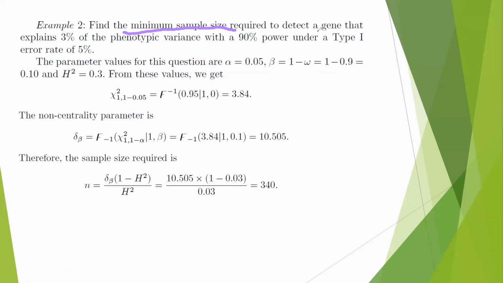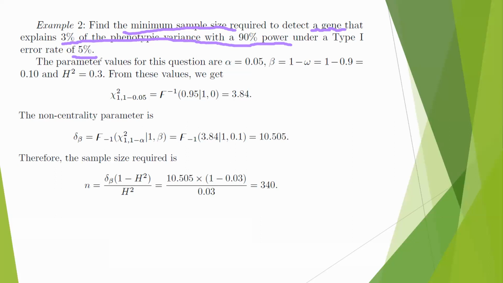If you knew this trait can be explained by a gene at a locus, and that gene can explain 3% of the phenotypic variance with a power equal to 0.9. And here we still use the type 1 error alpha equals 5%.